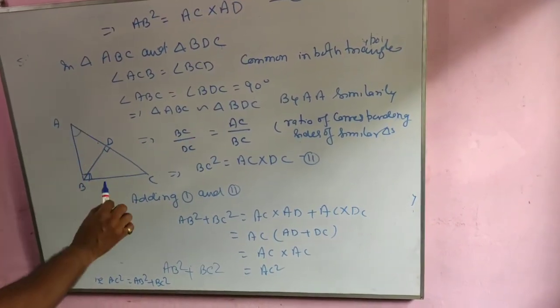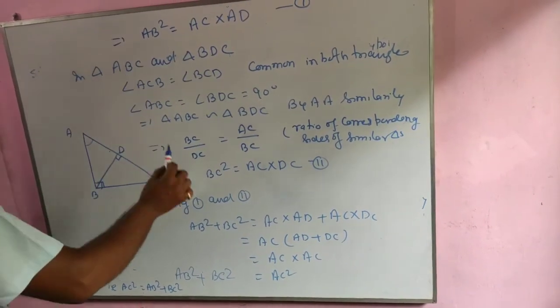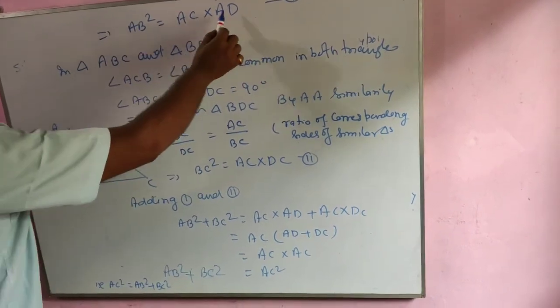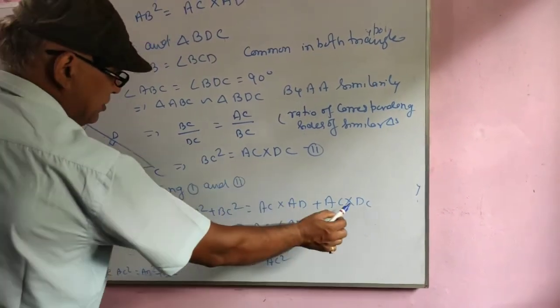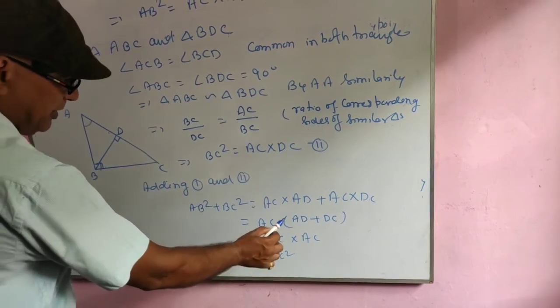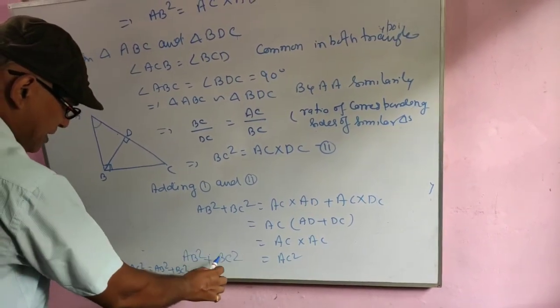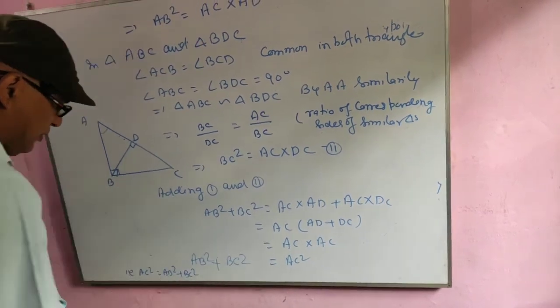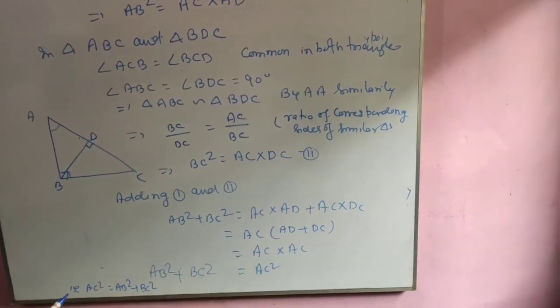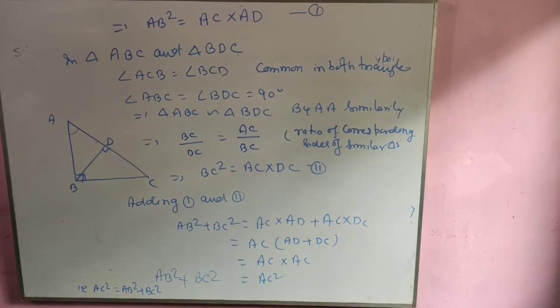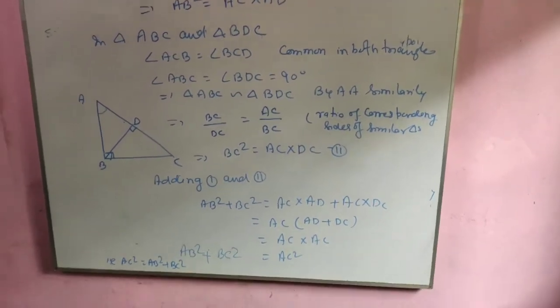Now adding 1 and 2, you will get AB square plus BC square is equal to AC into AD plus AC into DC. So AC is taken common, AD plus DC, again AC, AC into AC, AC square. So AB square plus BC square is equal to AC square. Therefore, AC square is equal to AB square plus BC square. This is the proof of Pythagoras theorem.